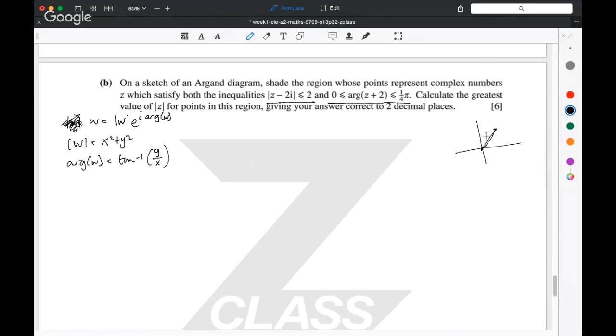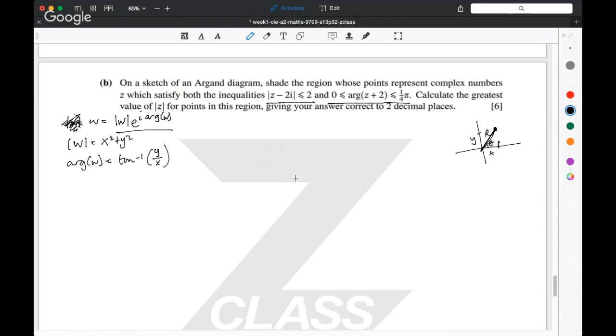And this is r, and this is the argument, theta, let's call it. But this is the x-coordinate, and this is the y-coordinate. And it all comes in the same way that you would convert from Cartesian to polar coordinates.